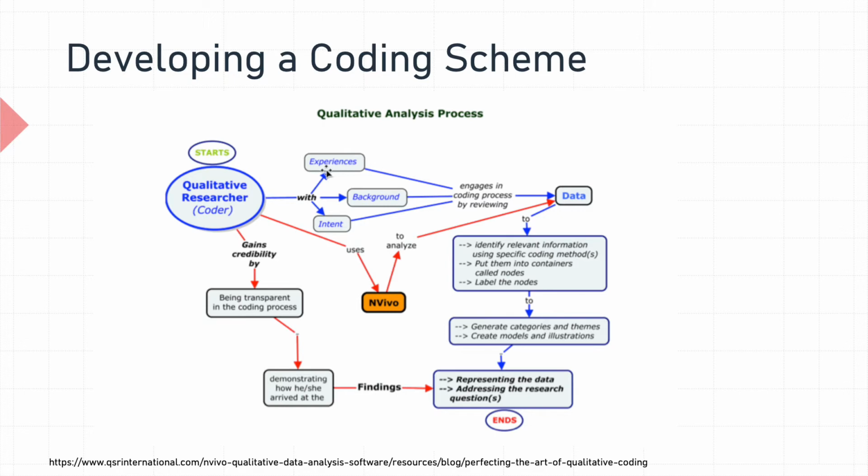By making clear your creating process, you're basically demonstrating how you arrived at your findings. This is really important when you want to publish your findings. You take your data and you identify relevant information using your coding methods. You put them into containers called nodes, and this is what they're called in NVivo, and then you label those nodes.